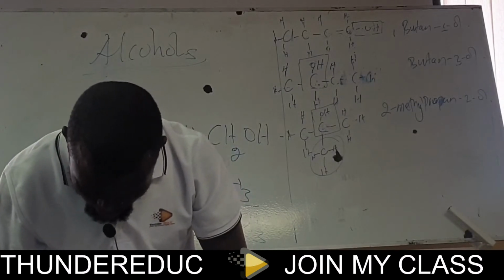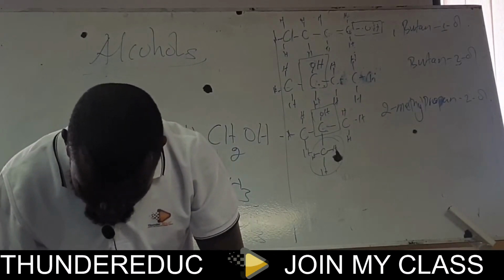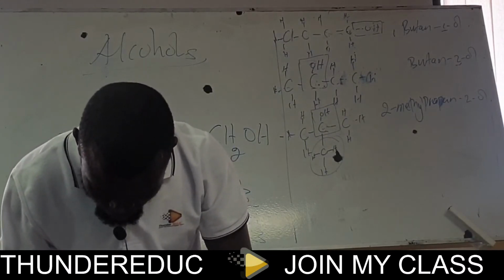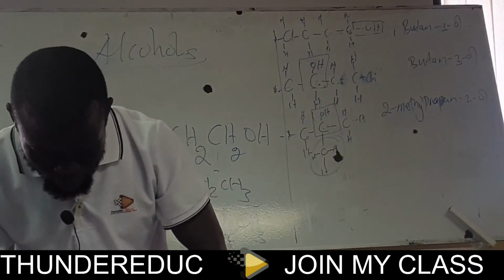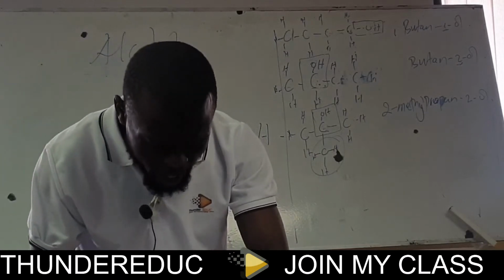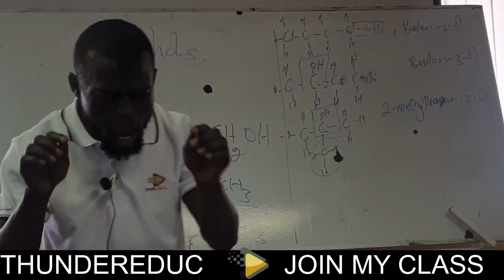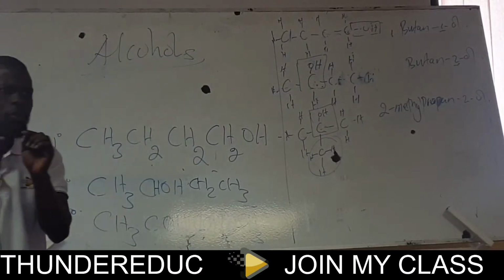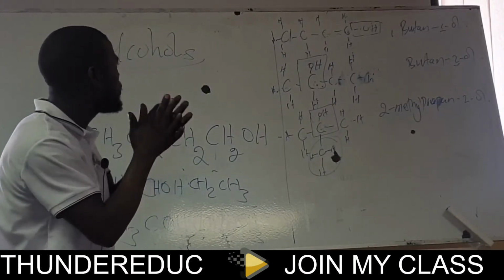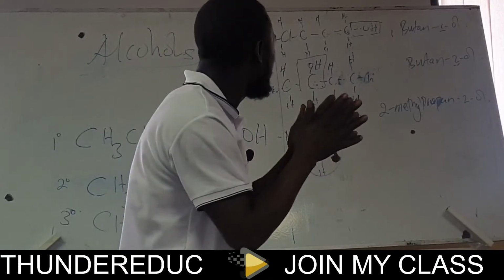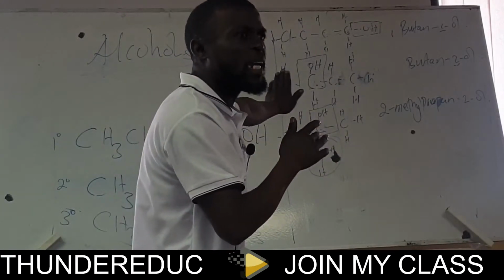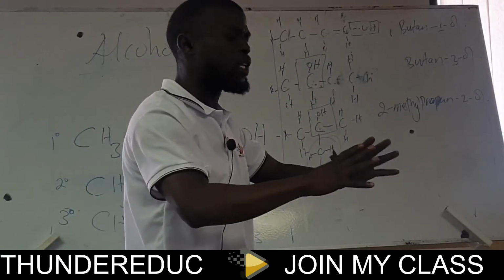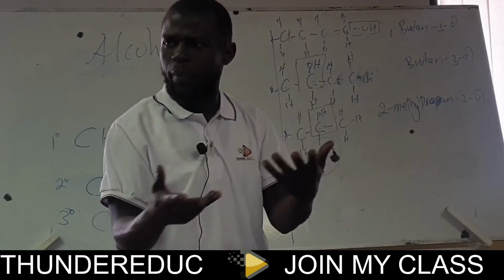I think now there are some few things we're going to talk about. Let's remind ourselves before we go to rates of reaction. We are done with the alcohols. Let's go to carbonyl compounds, and then we see how we name them.